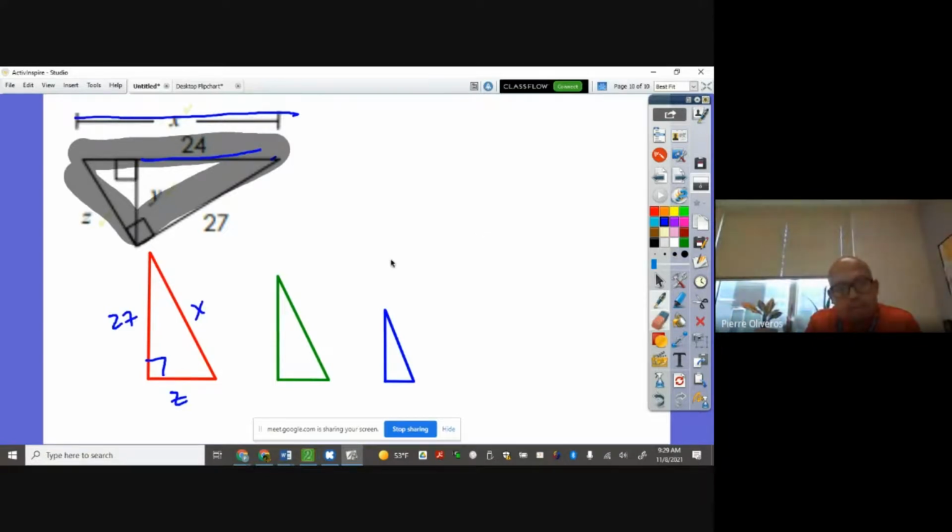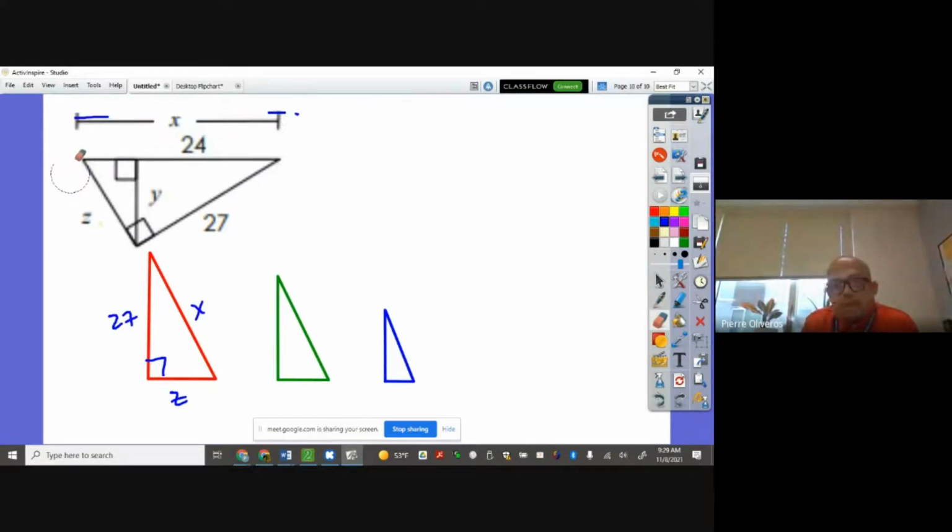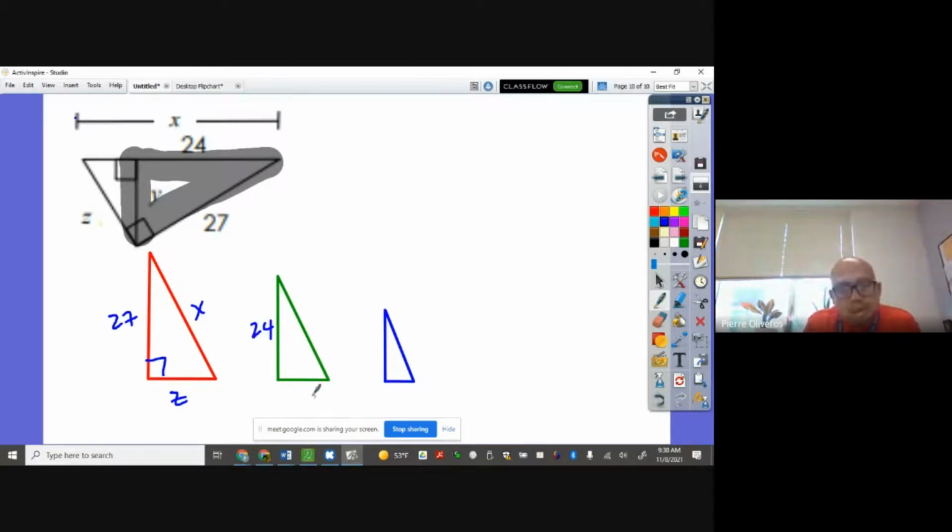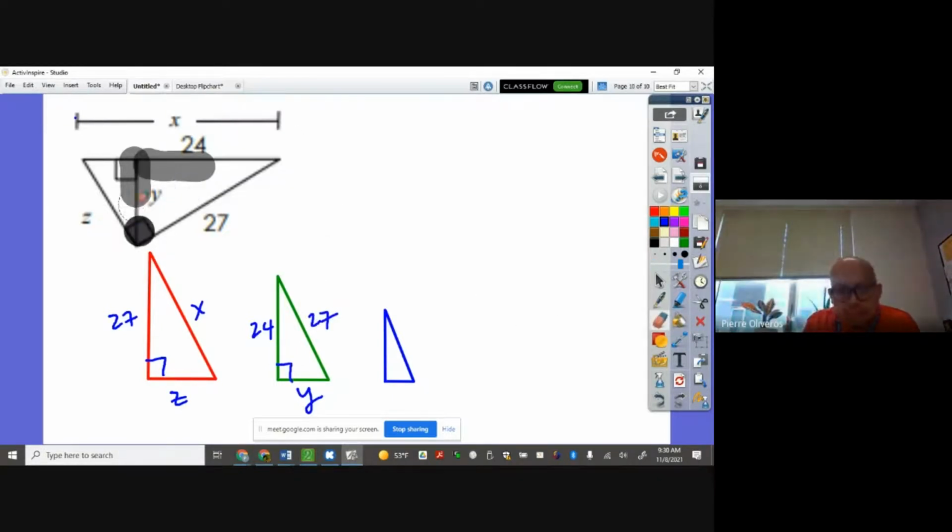For the second larger triangle here, we're gonna use this triangle, okay? And we know that the longer leg is 24, the shorter leg is y, and the hypotenuse is 27, and that's your right triangle. And for the smaller one, we only know a few, and there are so many unknowns.